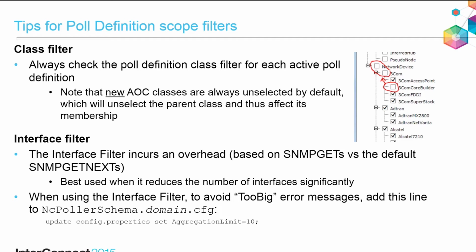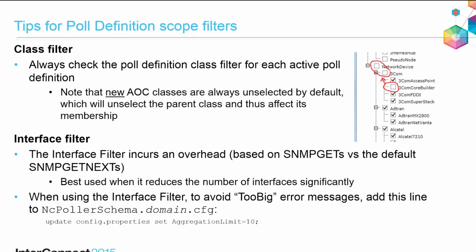That automatically unchecks the parent 3COM and unchecks the network device box as well. Now that's going to tell the poller not to poll anything that's in the network device class and not in any of the others, right?